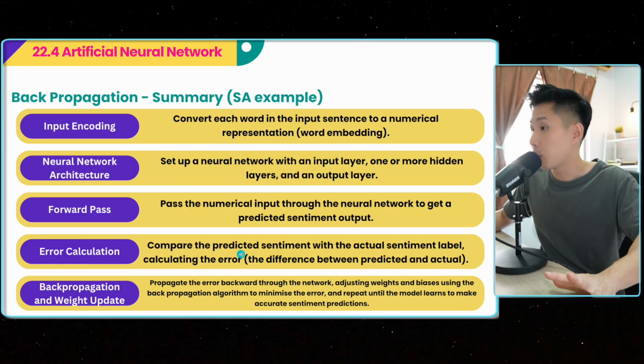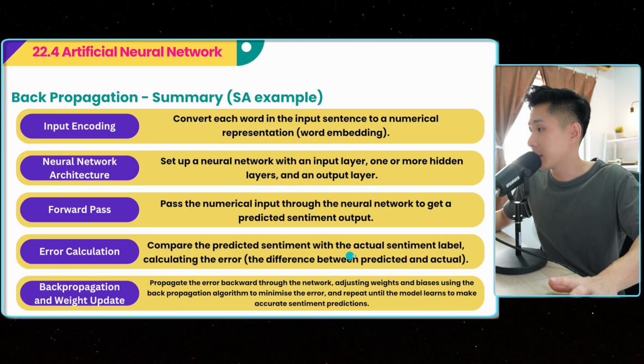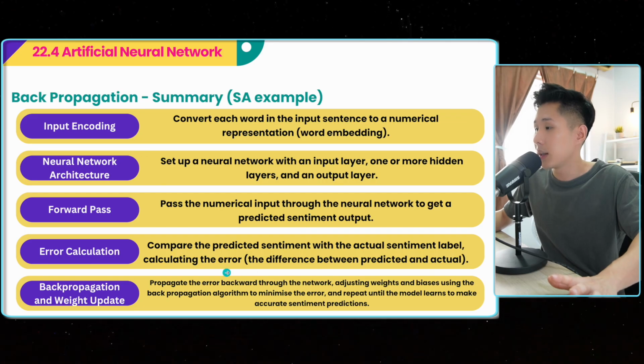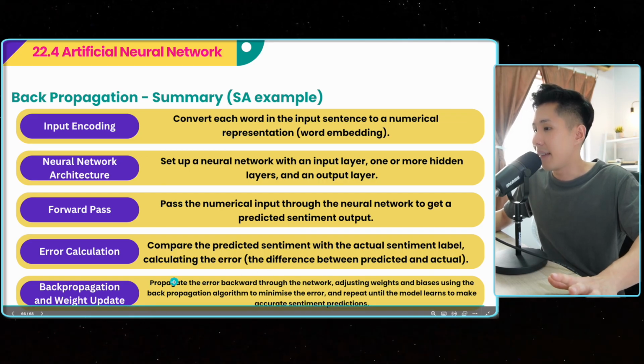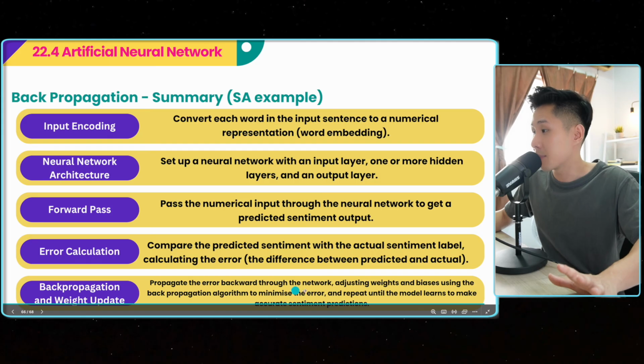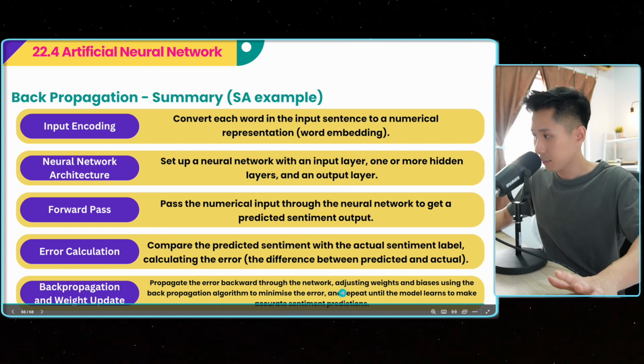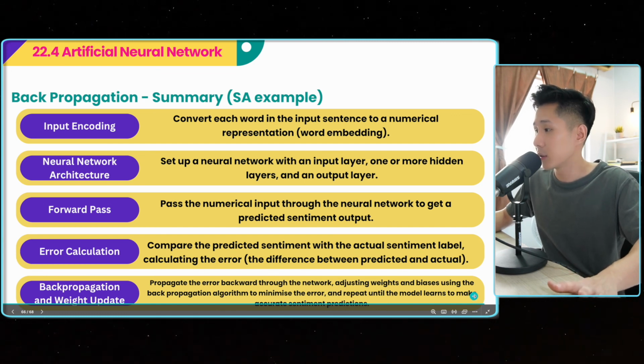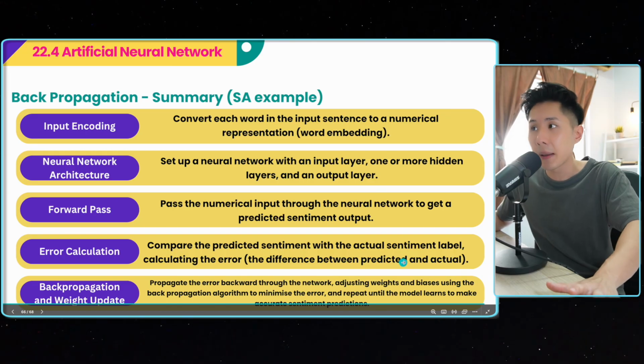All right? That's why they say compare the predicted sentiment with the actual sentiment label, calculating the error. And then they will propagate the error backward through the network, adjusting weights and biases using the backpropagation algorithm to minimize the error. And repeat until the model learns to make accurate sentiment predictions.